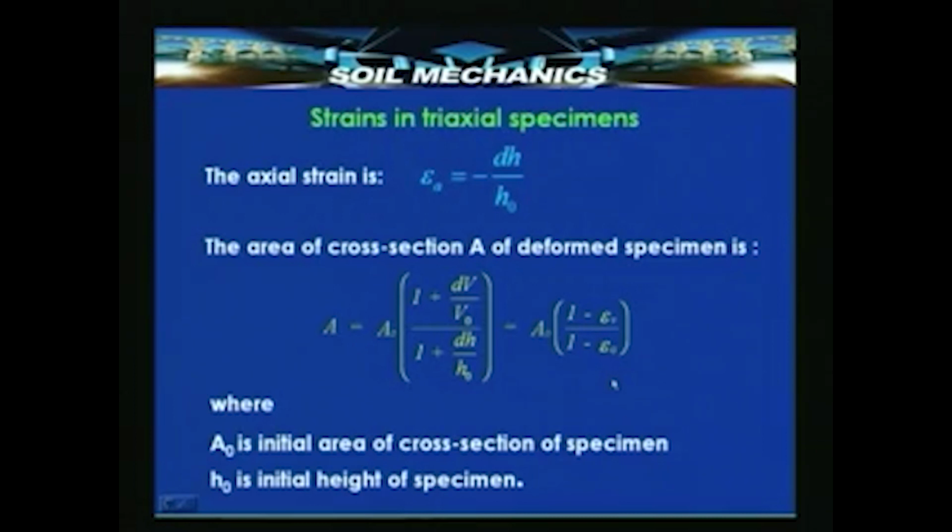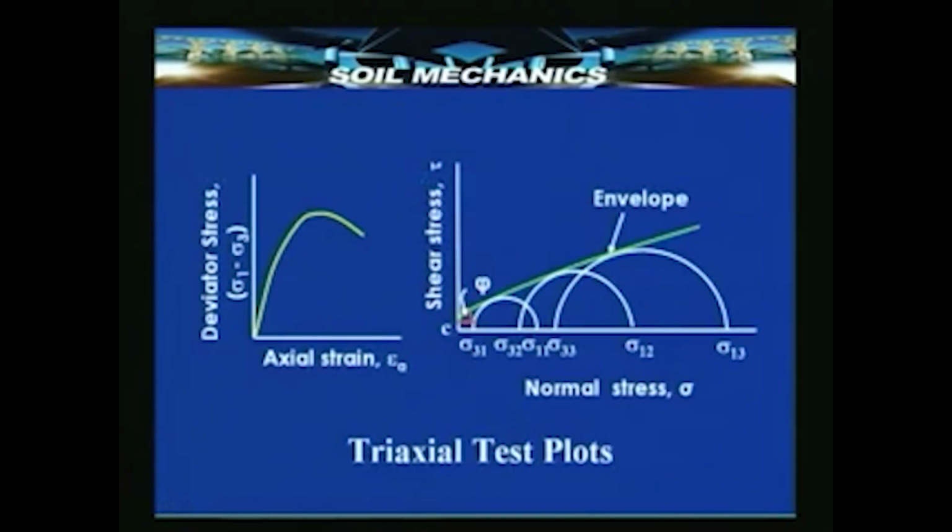In terms of the vertical and volumetric strains and the original area of cross section, we can get the new area of cross section. So, A is the new area of cross section after deformation, A0 is the initial area of cross section of the specimen, and H0 is the initial height of the specimen. With this, we will be able to tell what the strains are at any given instant in the specimen.